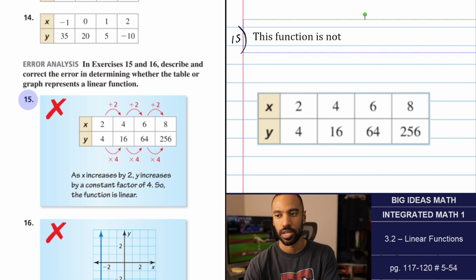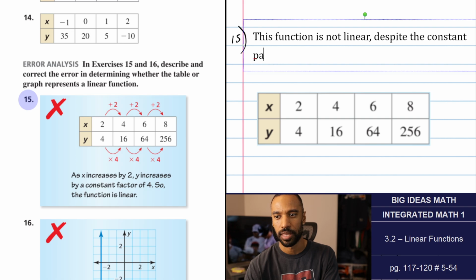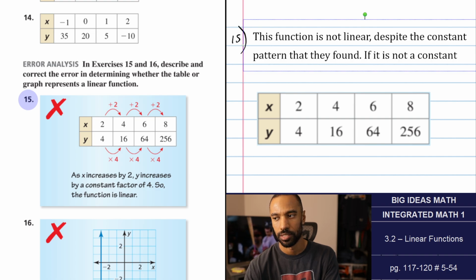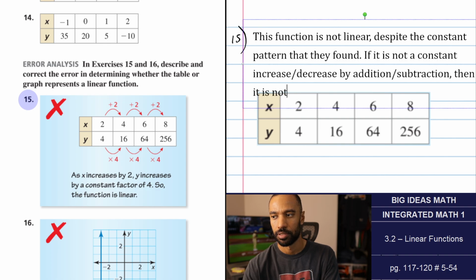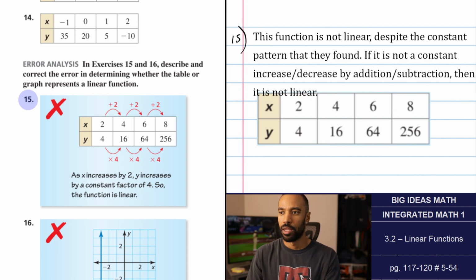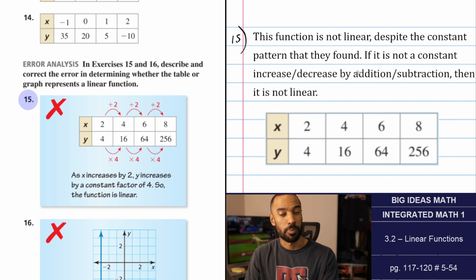This function is not linear despite the constant pattern that they found. If it is not a constant increase or decrease by addition or subtraction, then it is not linear. Period. This is actually, again, an exponential function.